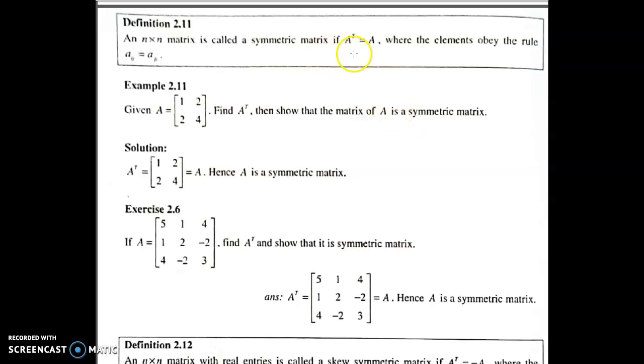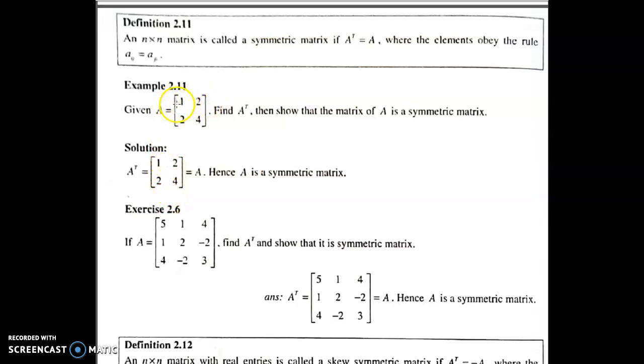So for those who are not clear with it, it is called a symmetric matrix if the matrix after being transposed gets the same matrix, the same elements. For example, this is the matrix. Even when you transpose, you will get the same elements, right?